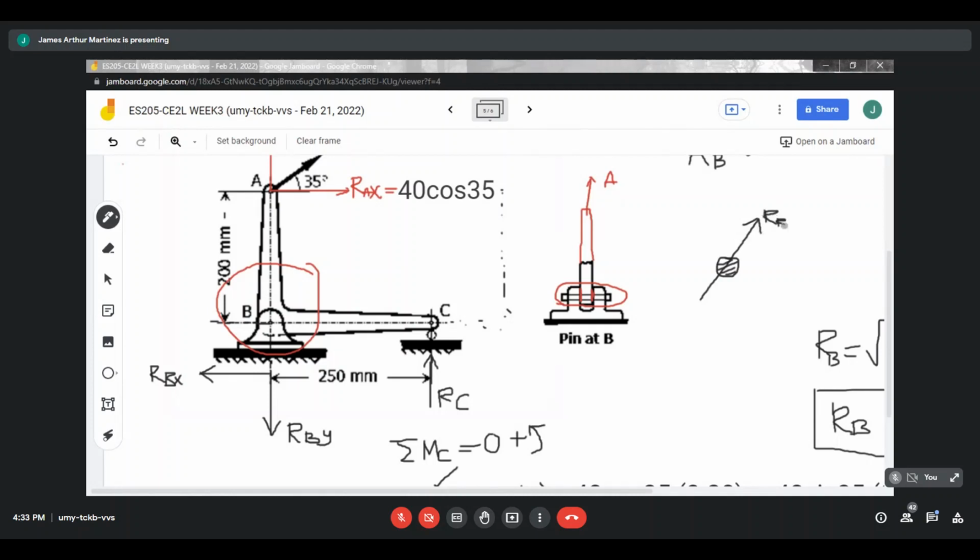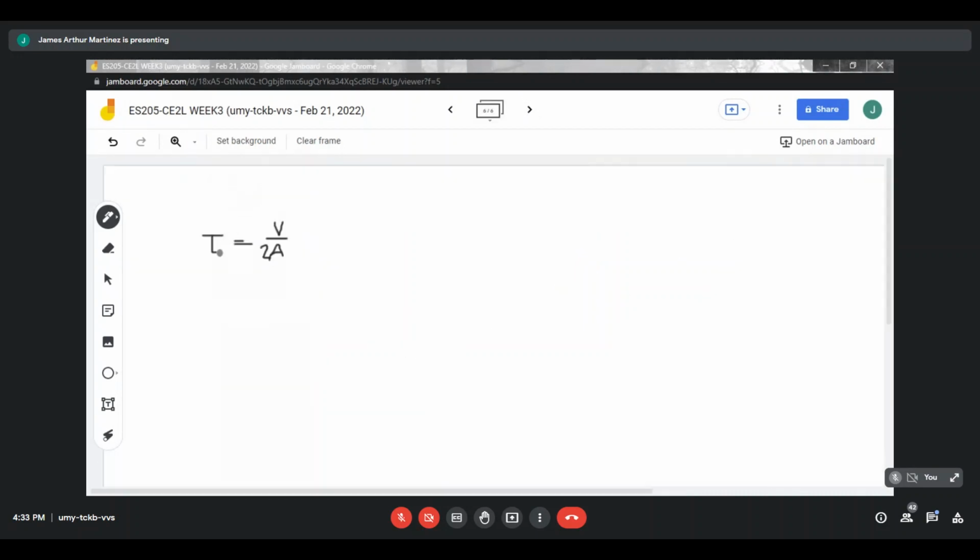So the shear force parallel to the area is what we consider. It's just a circular cross-sectional area of the bolt. So this is tau, or shear stress at point B.